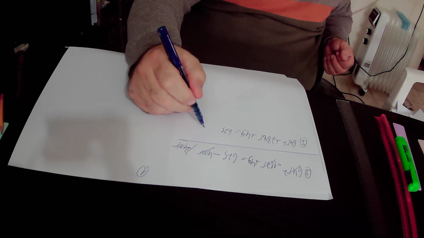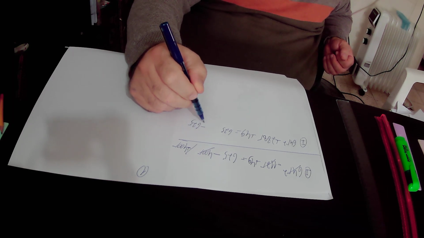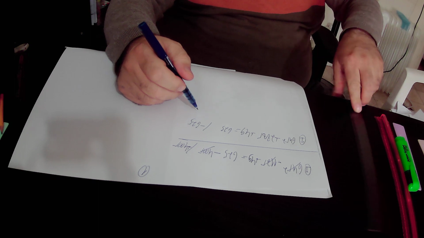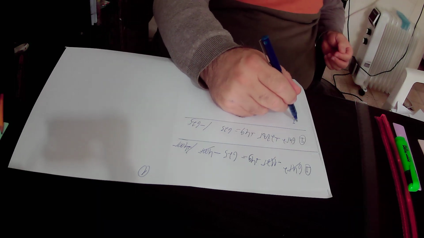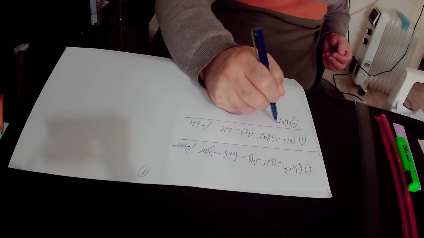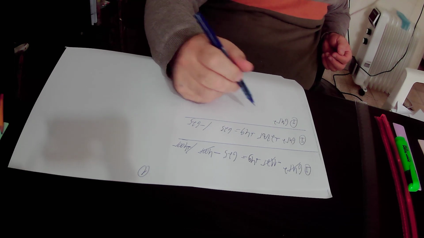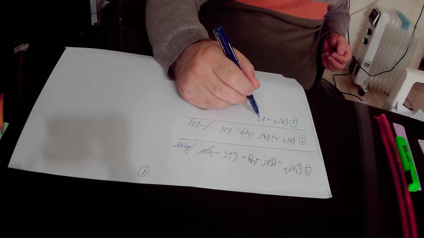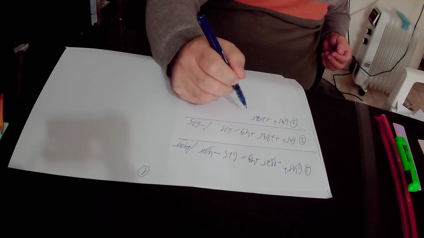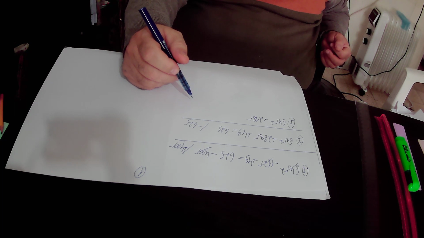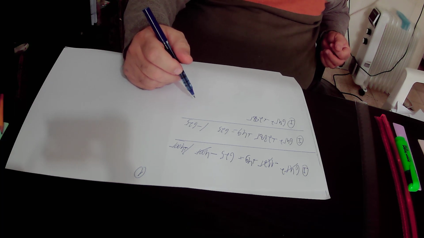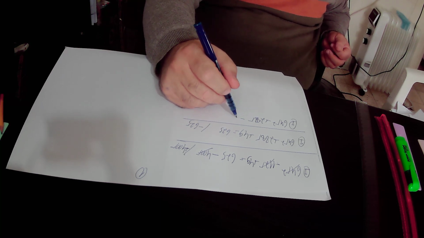We will subtract 625 from this equation, and we get that according to equation number 1, 64r squared plus 288r, and here 49 minus 625 is equal to minus 576.